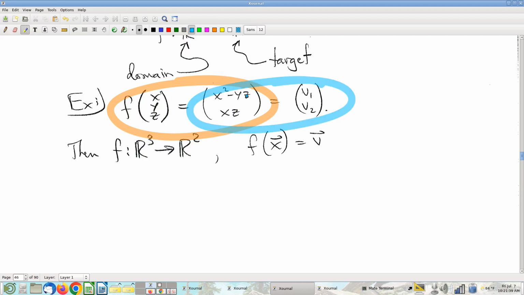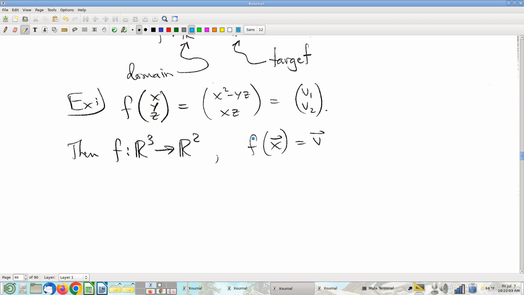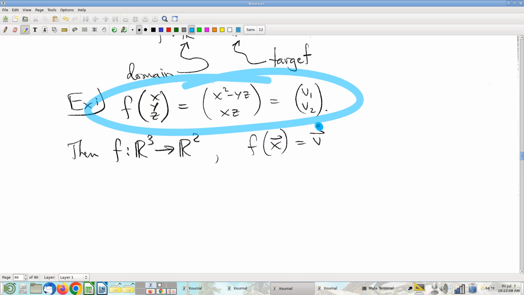The first output I'll call V1. The second output I'll call V2, arbitrarily choosing names. And there are 2 outputs. I can think of them as 2 separate variables, or I can think of them as 2 coordinates of a single vector in R2. So you can write the function like this, and you can write this equation in the more compact vector form like this. Is everybody comfortable with that?